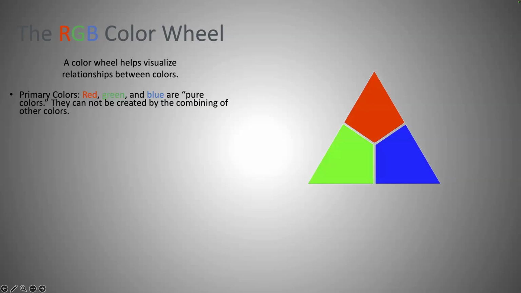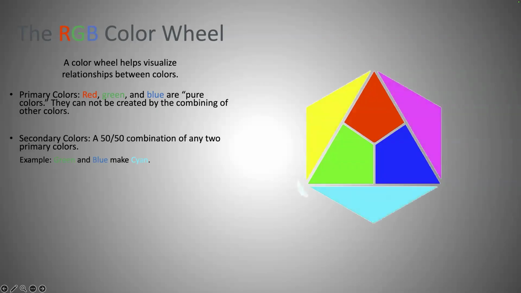So with RGB, the primary colors are pure and cannot be created by mixing other colors. So these are the primary colors. That's why they're called primary colors. Secondary colors are made by mixing primary colors 50-50. And there's our friends again, right? Cyan, magenta, and yellow. So how do you make cyan in an additive color model?